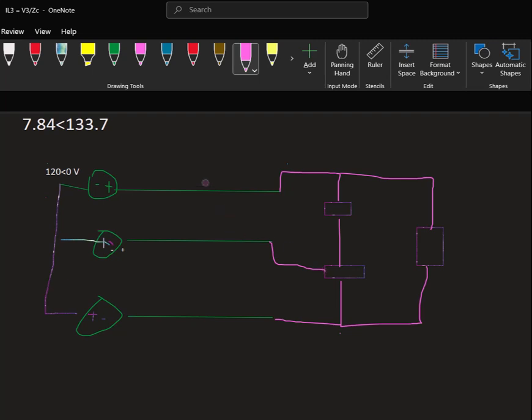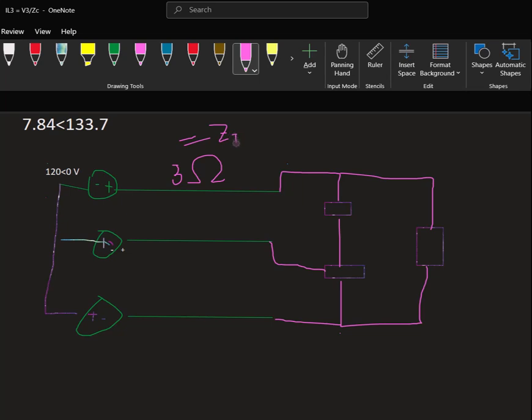And our transmission line has some resistance. Our transmission lines are identical and they each have 3 ohms. That's a big ohm. So that's our transmission line impedance, and it's the same for all 3.